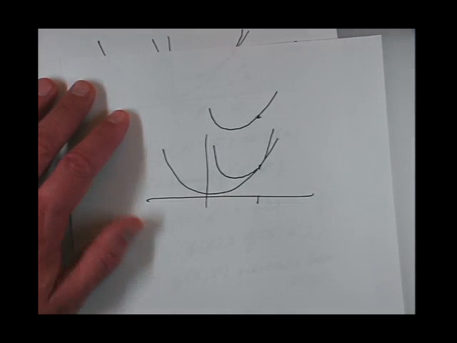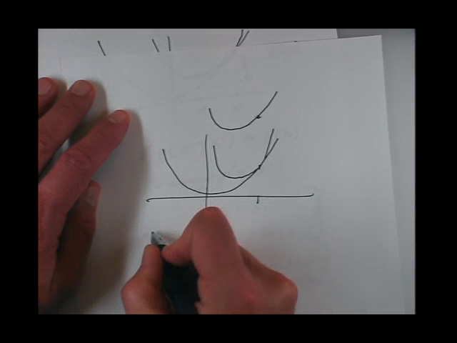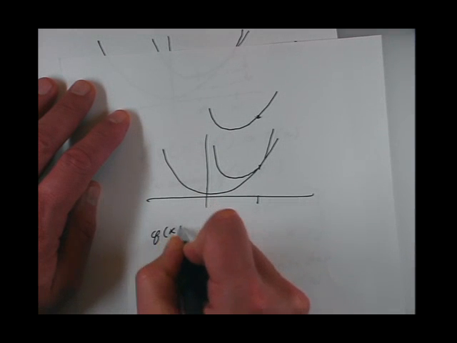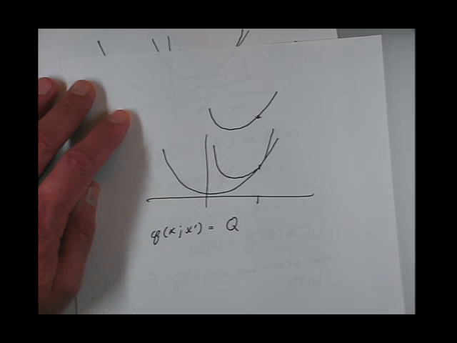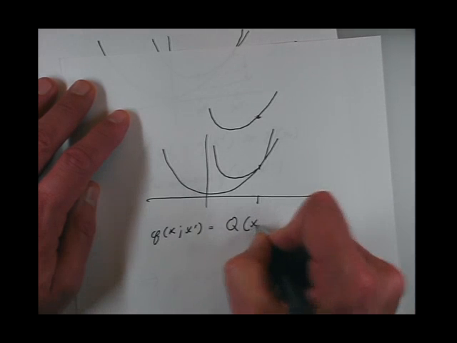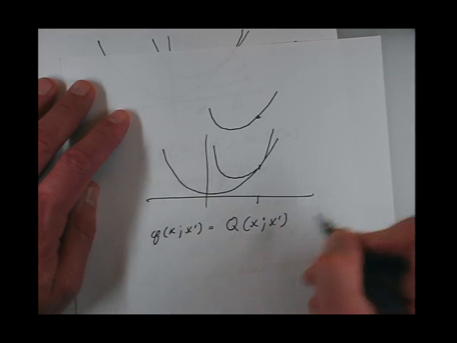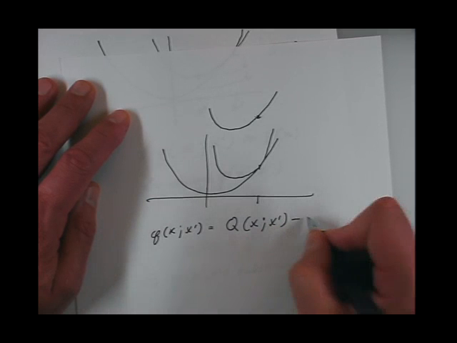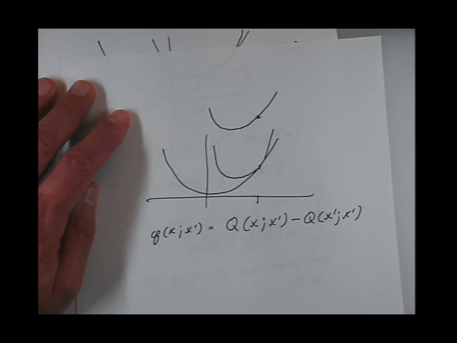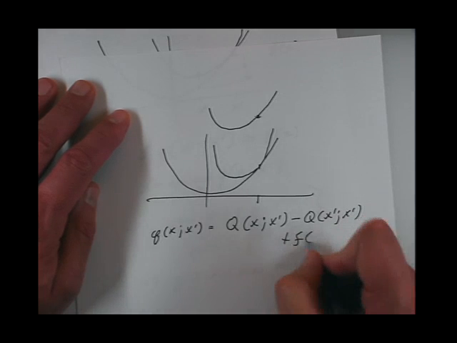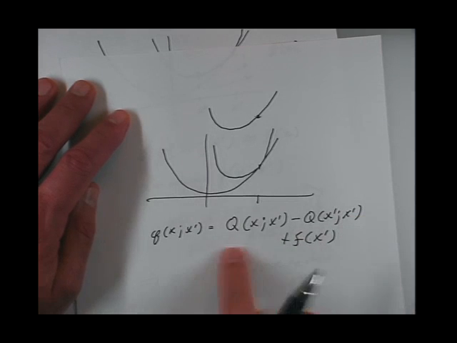So basically what you do is you say, Q of x prime is going to be equal to some function uppercase Q of x prime, from that I subtract the value of Q at x prime, and I add f at x prime. And then they're always going to be equal.